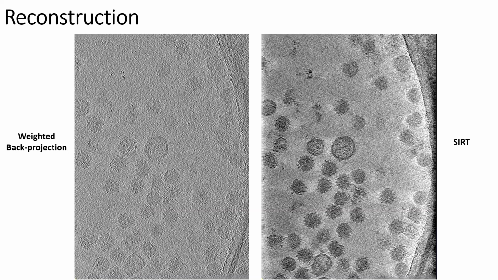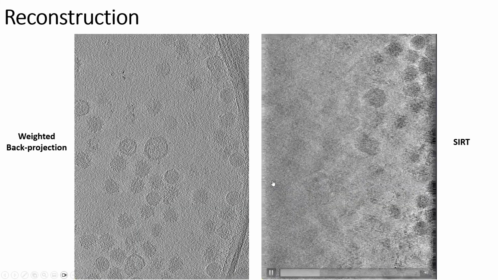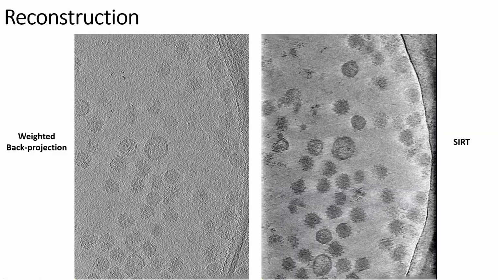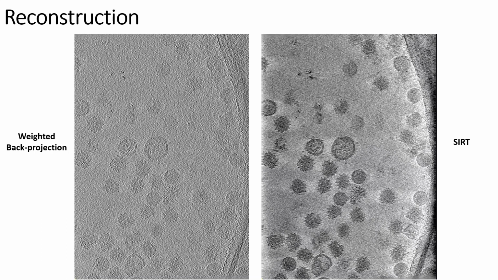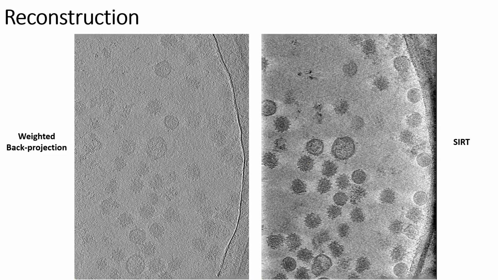If we do the same with the SIRT technique, we can see a much nicer reconstruction, but this reconstruction obviously took a lot longer to compute. We can also see that our particles are not only round, but we have many fluffy, spiky particles. We will use them for later stages of processing.